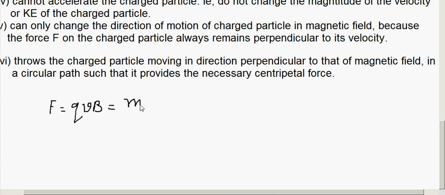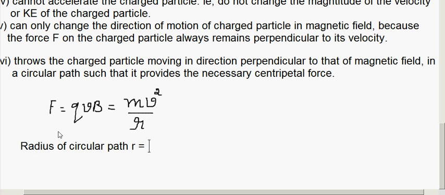If radius of the circular path is R and v is the velocity, then it is given by mv squared by R. Therefore radius of circular path R is equal to mv by qB.